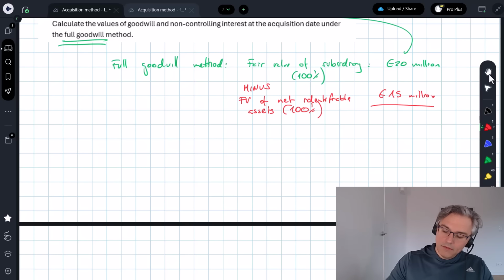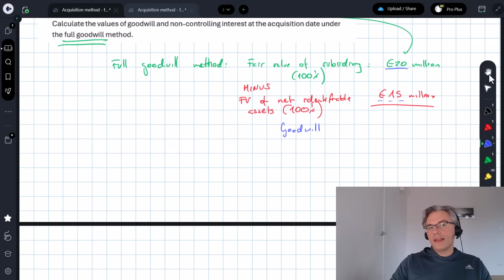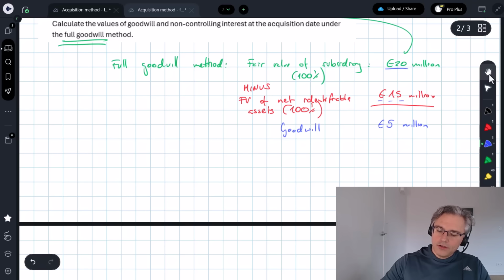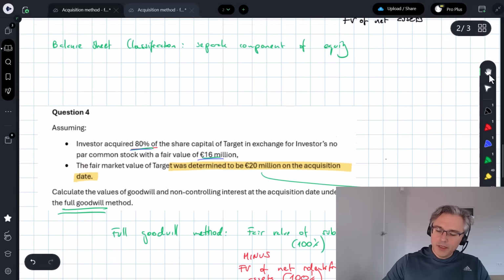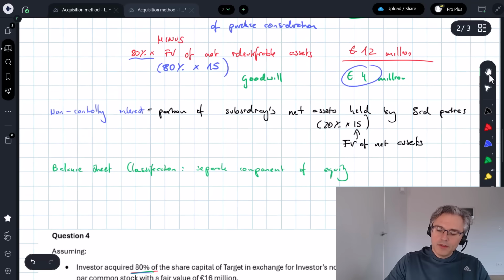And I say, well, goodwill, full goodwill. So if that would be the price for the full business, and those are the full net identifiable assets of the company, goodwill would be 5 million, which is obviously bigger than the goodwill we had computed a moment ago when we did 4.